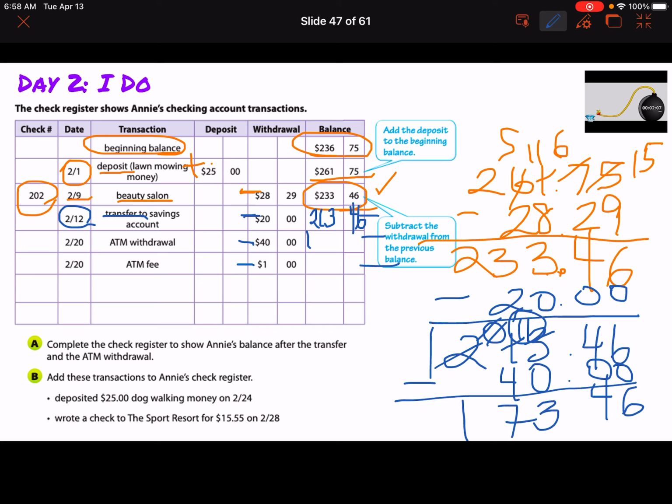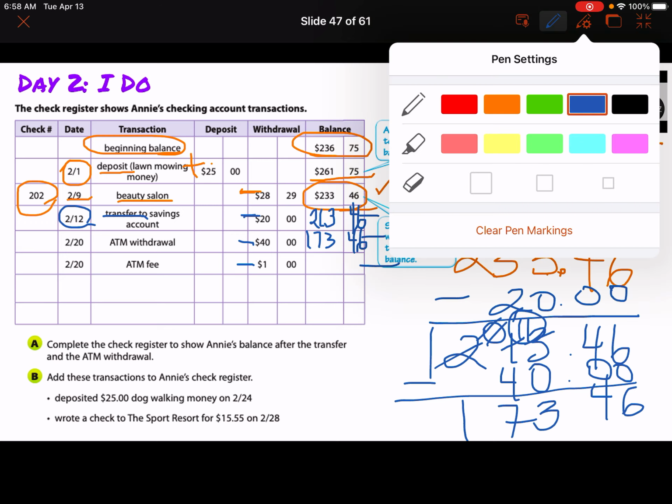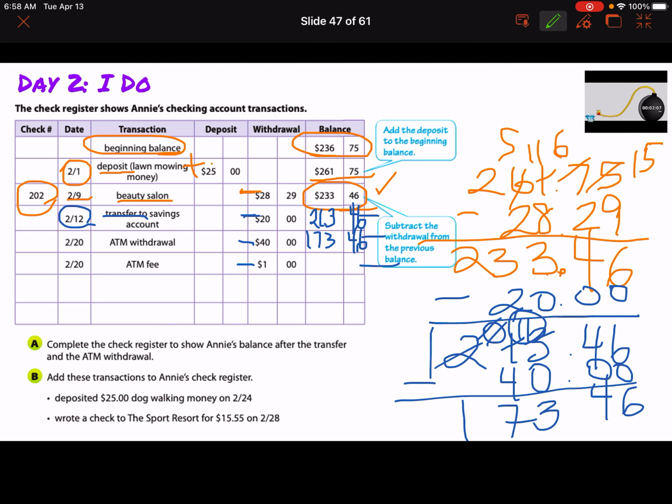So we have $173.46. Remember, you can always check your work, and I highly encourage you to do that. Take $173.46 and add it to $40, and we should get our previous balance of $213.46. So it works out.